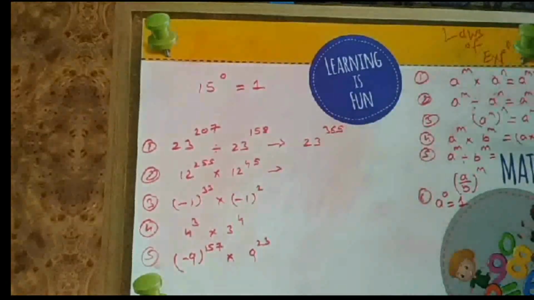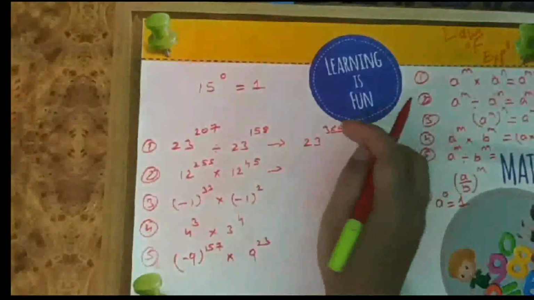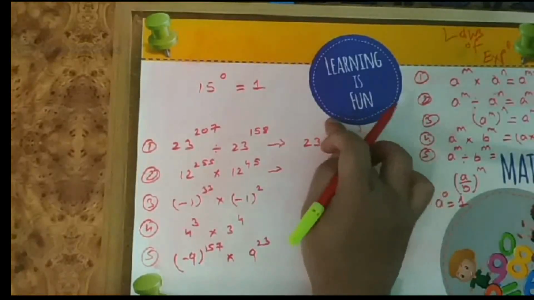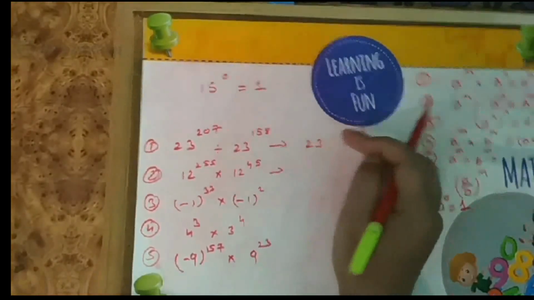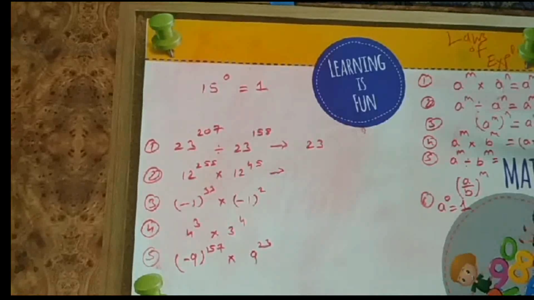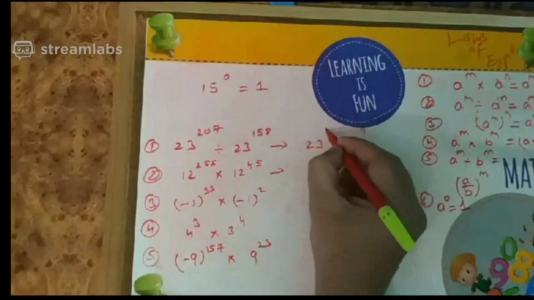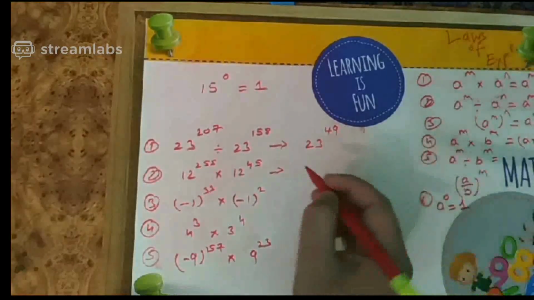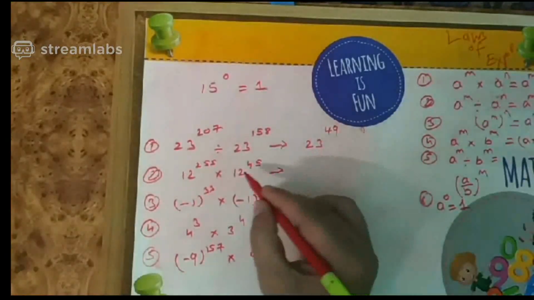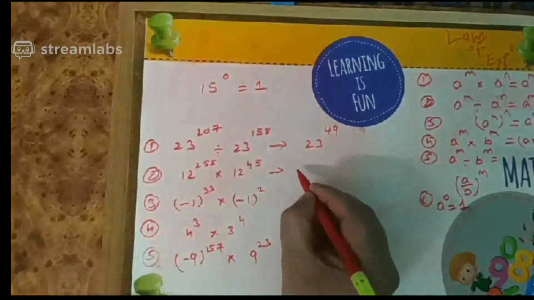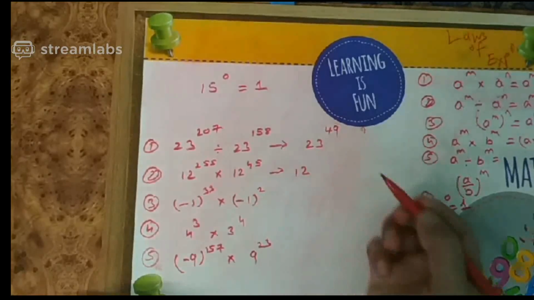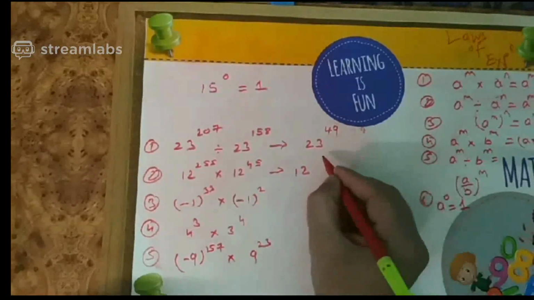Sorry, we have division here, so we will subtract 158 from 207. 207 minus 158, so my power will be 49. In the next sum, the base is 12 and we add the powers: 255 plus 45, the answer will be 300.